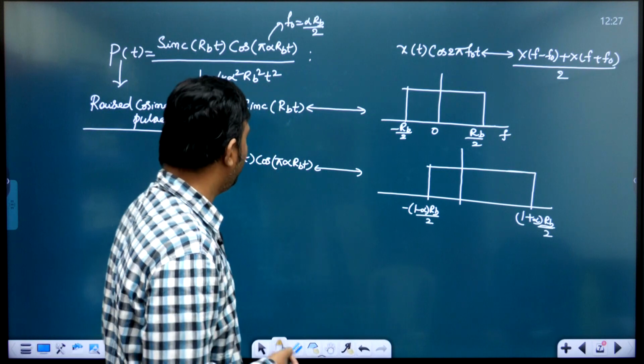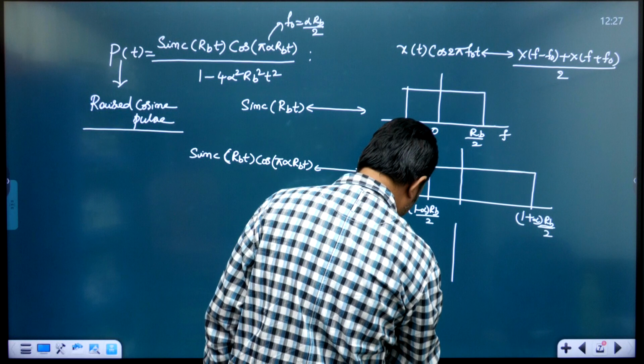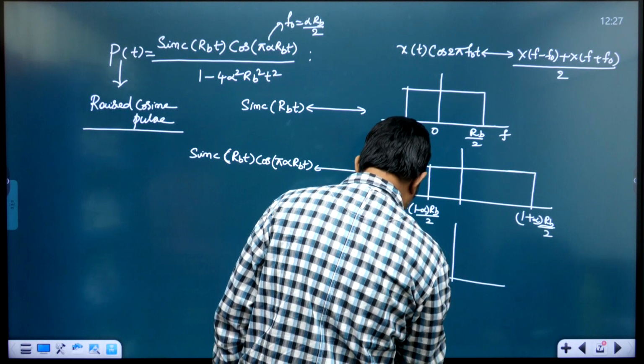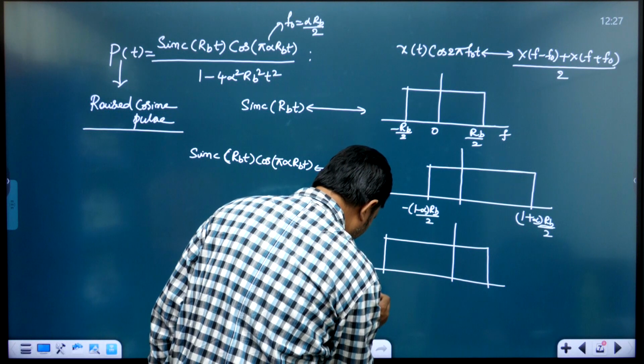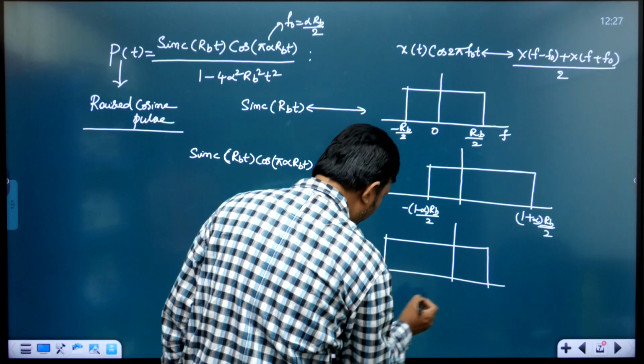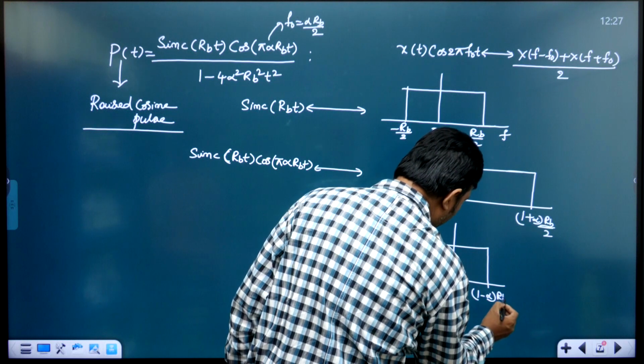It is also shifted to the left by alpha RB by 2: minus of 1 plus alpha into RB by 2, and 1 minus alpha into RB by 2.